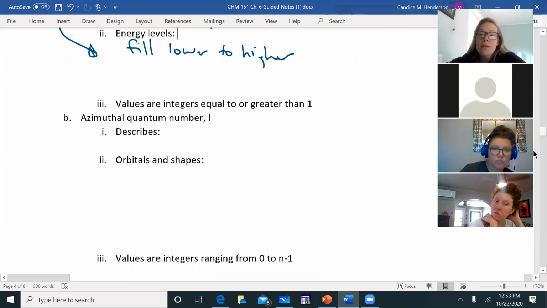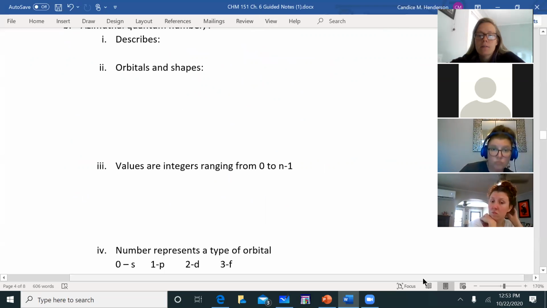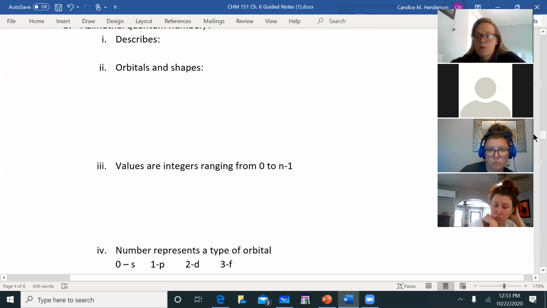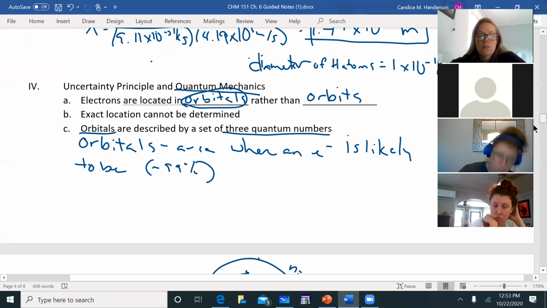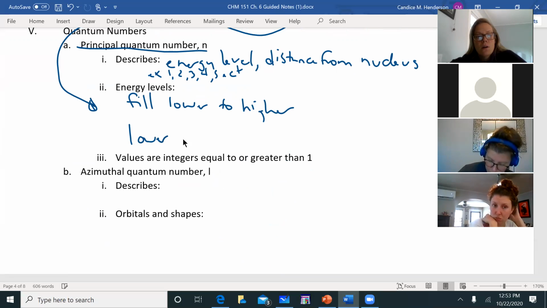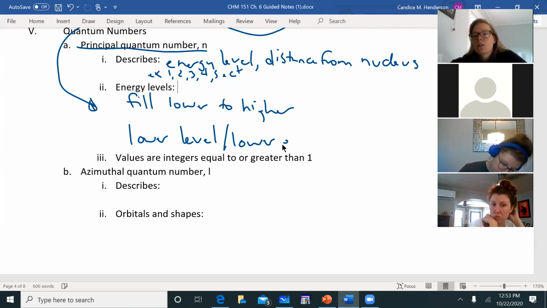Now, how this starts to differ from the Bohr model, because that may seem very similar, is that we start to add more. Lower level, lower energy.